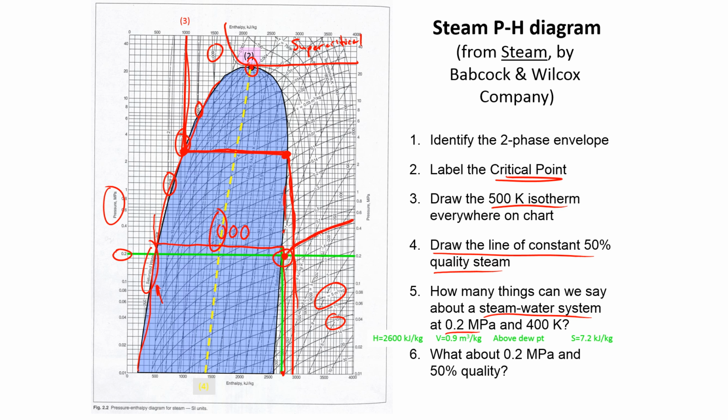And then the last thing is entropy. This is a constant entropy line, and that is 7.2. I'm going to erase some of these lines just so we can see it a little better. But here is the entropy, 8.5, 9, 9.5.